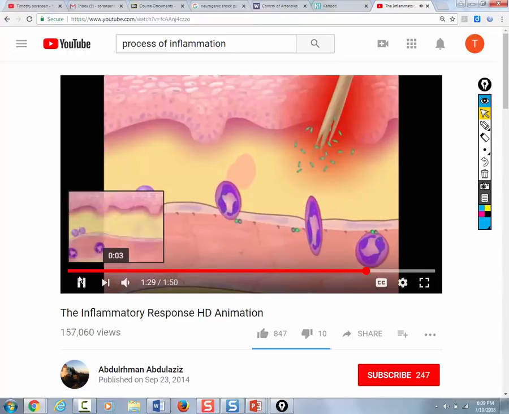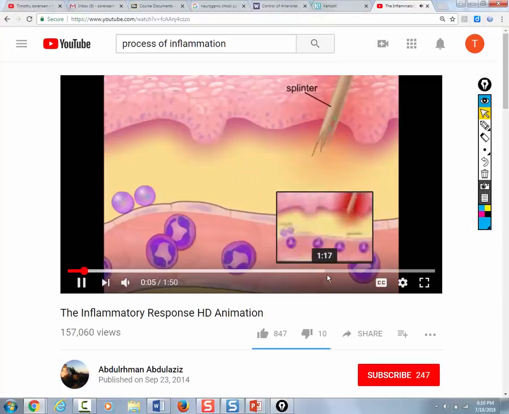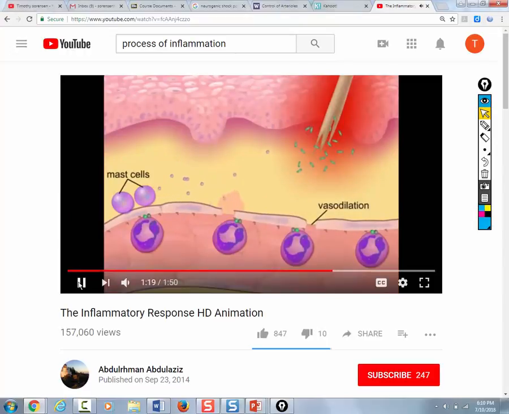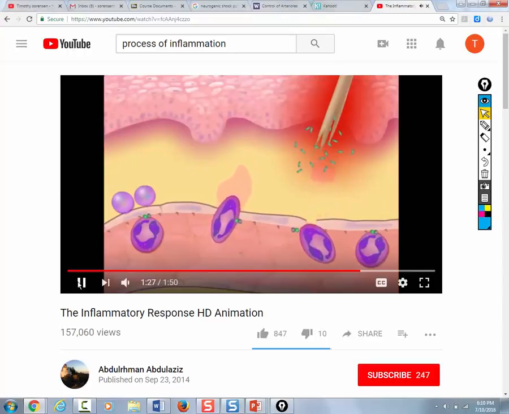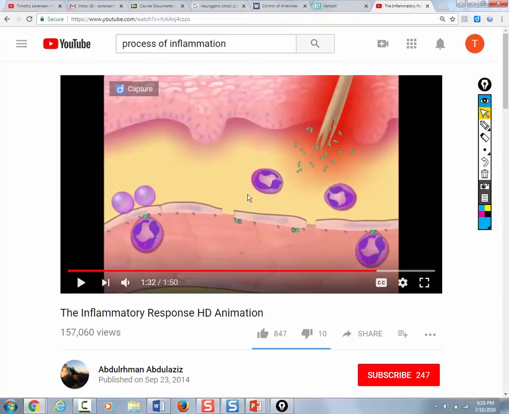This is the important piece. When a white blood cell comes in contact with an antigen or pathogen, it releases chemicals. You got me? Write this down because it's going to help you.